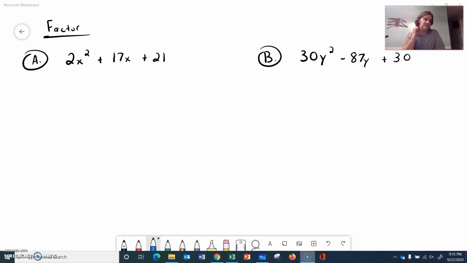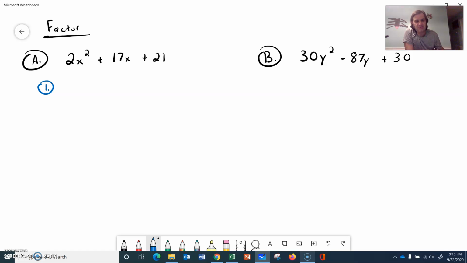If you haven't been through my video or my list explaining the steps I'm going to go through, it would be a good time to go back and take a look at that, because that's the template I'm going to follow. The first thing I always do is pull out any common factors. I look at this and I see 2, 17, 21.